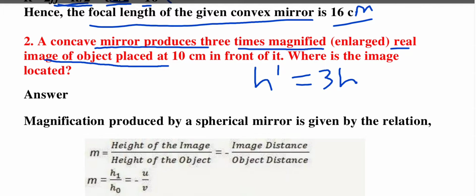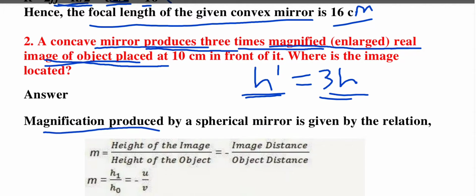So whatever image is produced is 3 times the size of the object. So we have to take h prime as 3 times h. So we will go through the answer now.